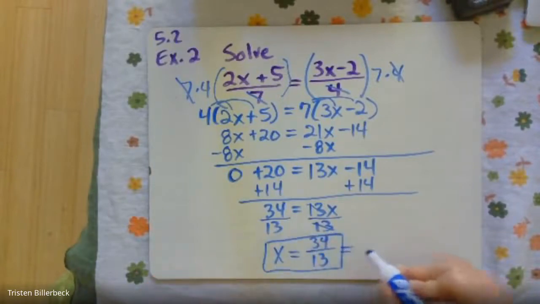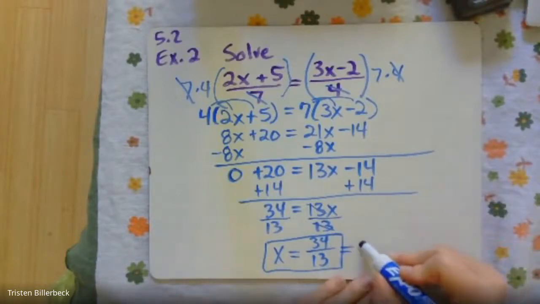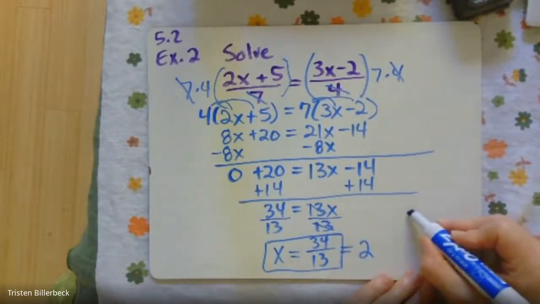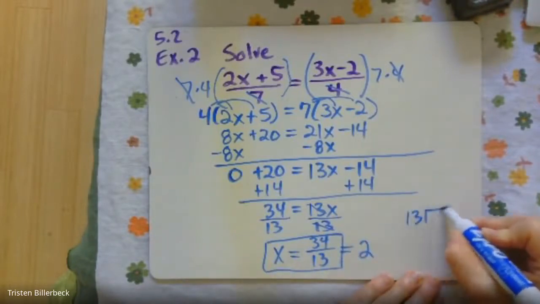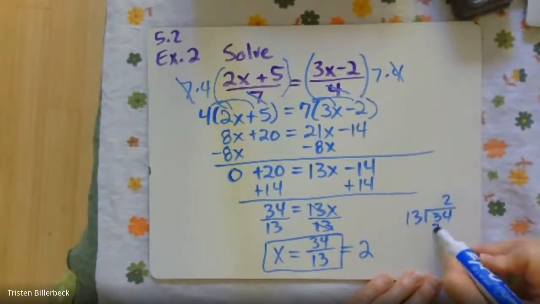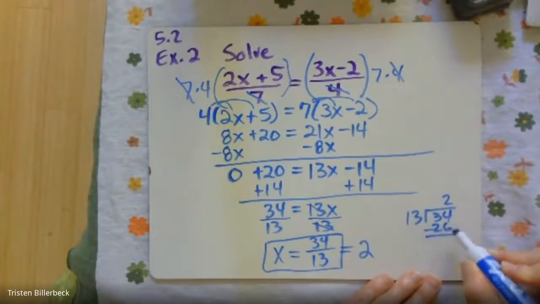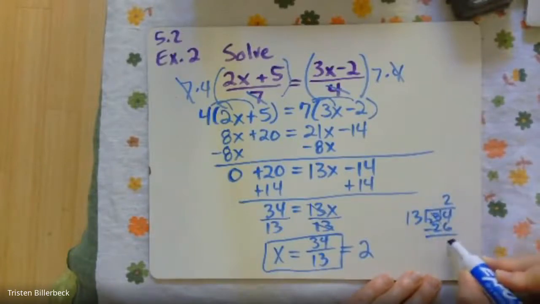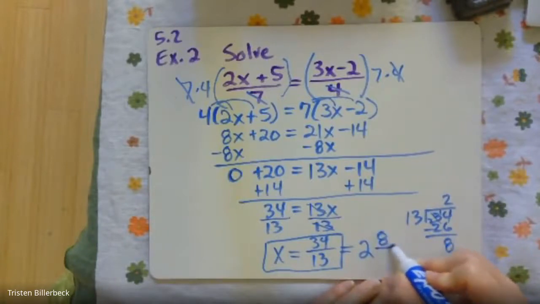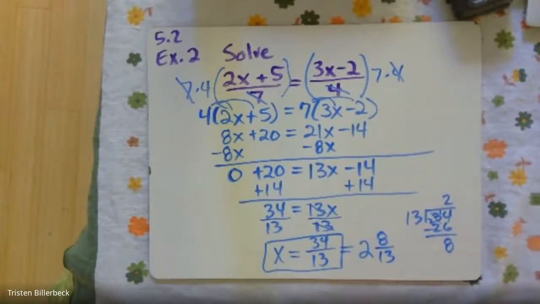If we wanted to make it a reasonable, proper fraction, that would be 2, because there's 2 13s in here. So we go and do it like this. So we have 2, which is 26. When we subtract, we get 8. So it'd be 2 and 8 13s if we're going to write the proper fraction.